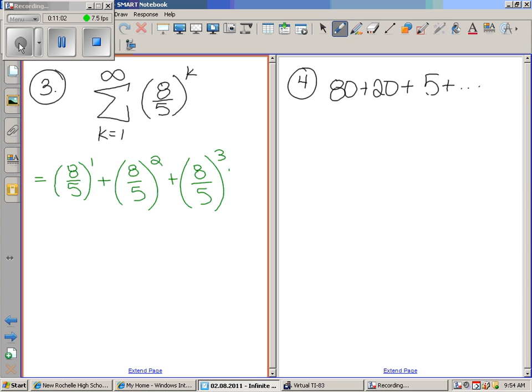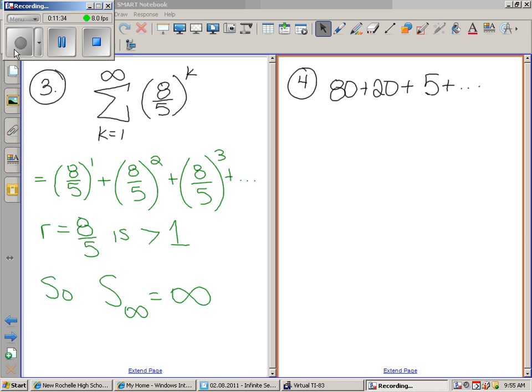So this is a geometric series where r equals 8/5, because you keep multiplying by 8/5 to get the next successive term. Is 8/5 bigger or smaller than 1? It's bigger than 1. 8/5 is greater than 1. So the sum at infinity is infinite.